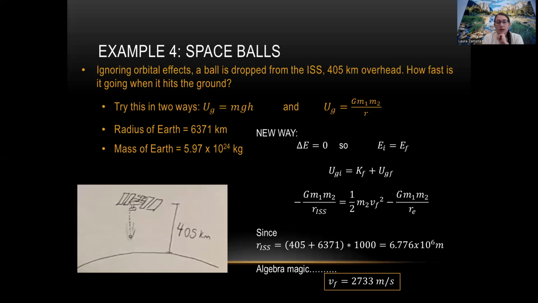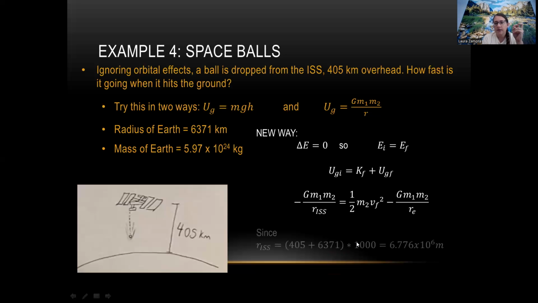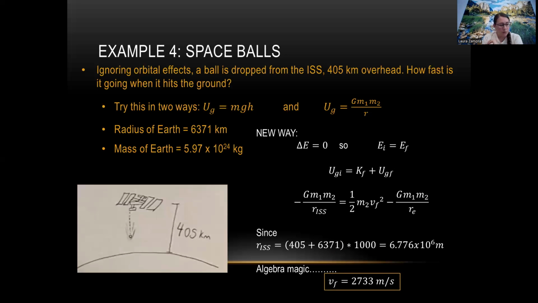So you'll see that there is a difference between the value for the old way and the value for the new way. They're only about 3% off from each other. So the old way is not as accurate as this method, but it's still a good approximation for things that are fairly close to the surface of the Earth.